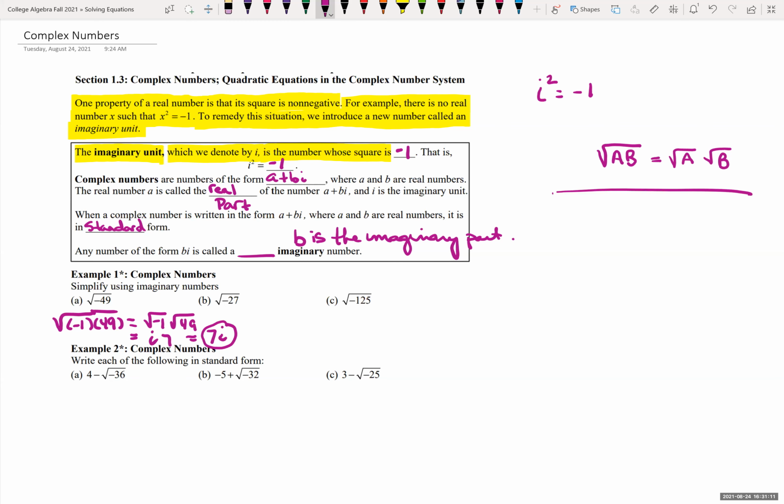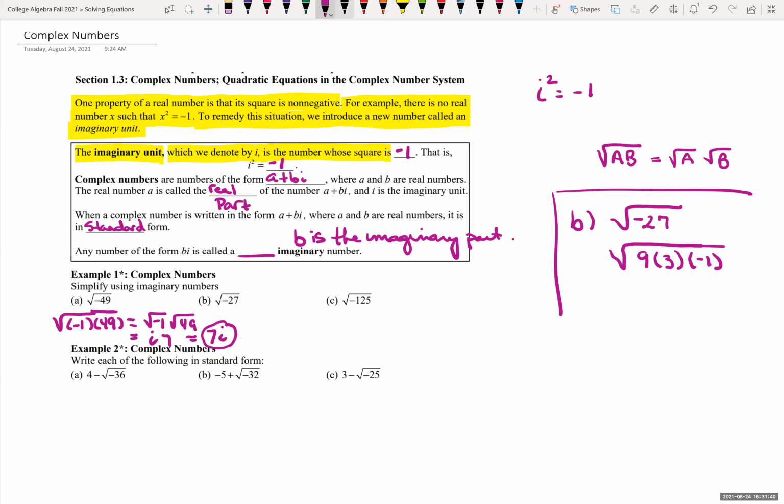So part B, it had the square root of -27. So I noticed that 27, it's not a perfect square, but there is a factor of 27 that's a perfect square. So we can rewrite this if it helps you. 27 can be rewritten as 9 times 3 times -1.